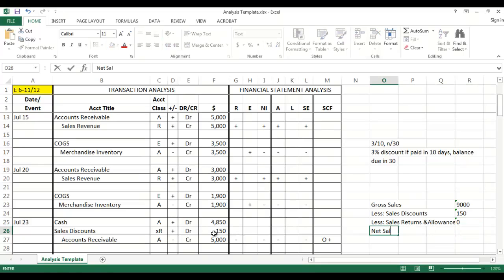So our net sales is simply the $9,000 gross sales number minus that $150 in sales discounts, or $8,850. Thus ends 6/11 and 6/12.